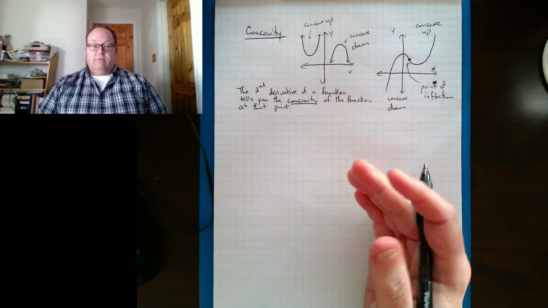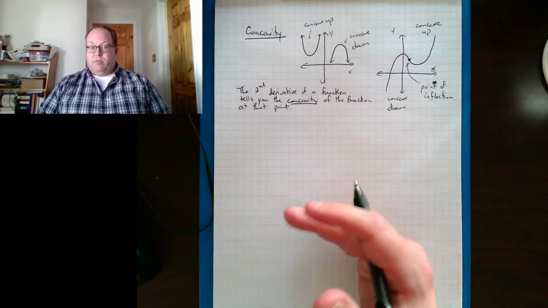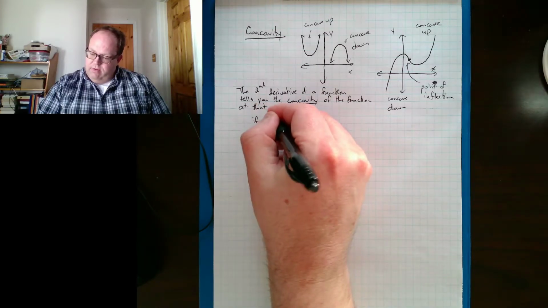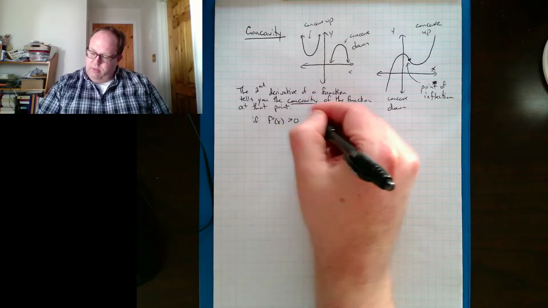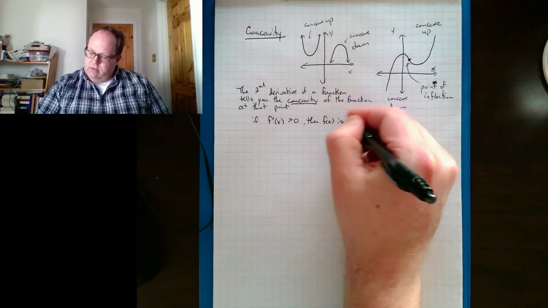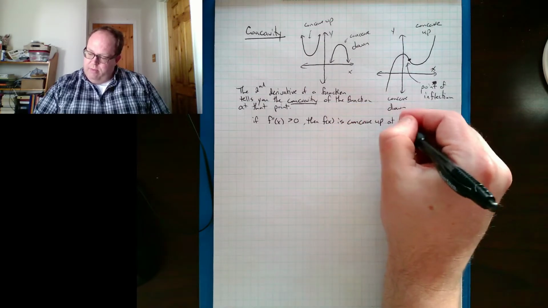Largely with the sign. The same way that if the first derivative of a function is positive, it means the slope is positive and the function is increasing, if the second derivative of a function is positive, then the function is concave up at that point.